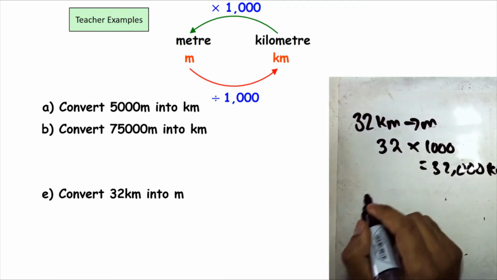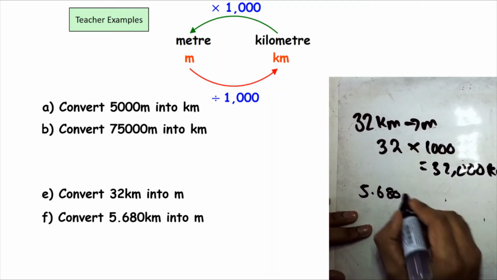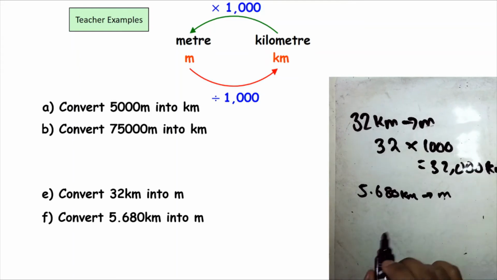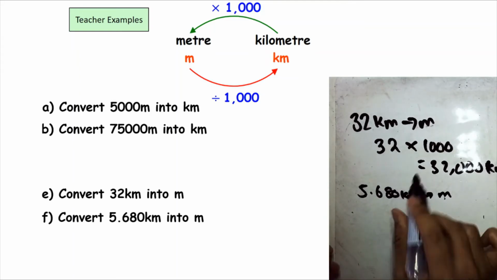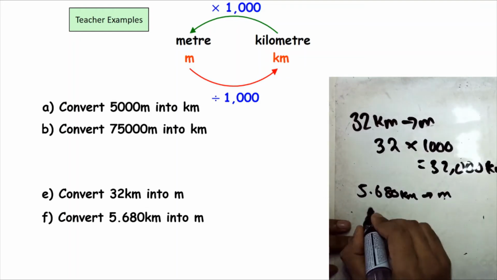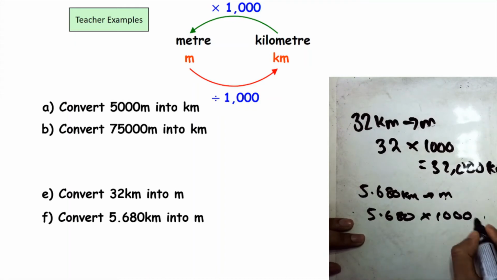Similarly, if you look at the next example, 5.680, so it's a bit trickier now. 5.68 kilometers, we want to convert to meters. Remember that we need to multiply by 1,000 to get from kilometers to meters. So 5.680 multiplied by 1,000 is what we need to do.